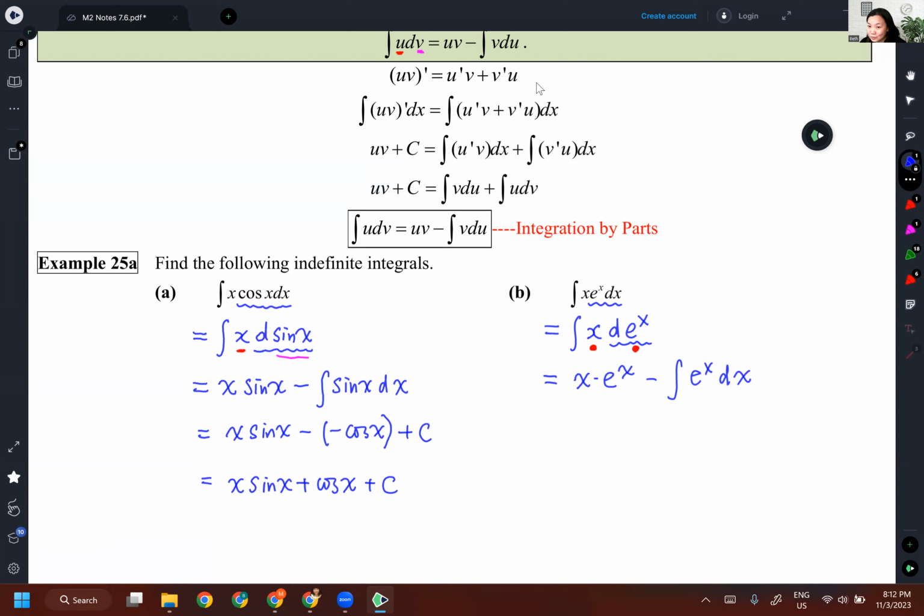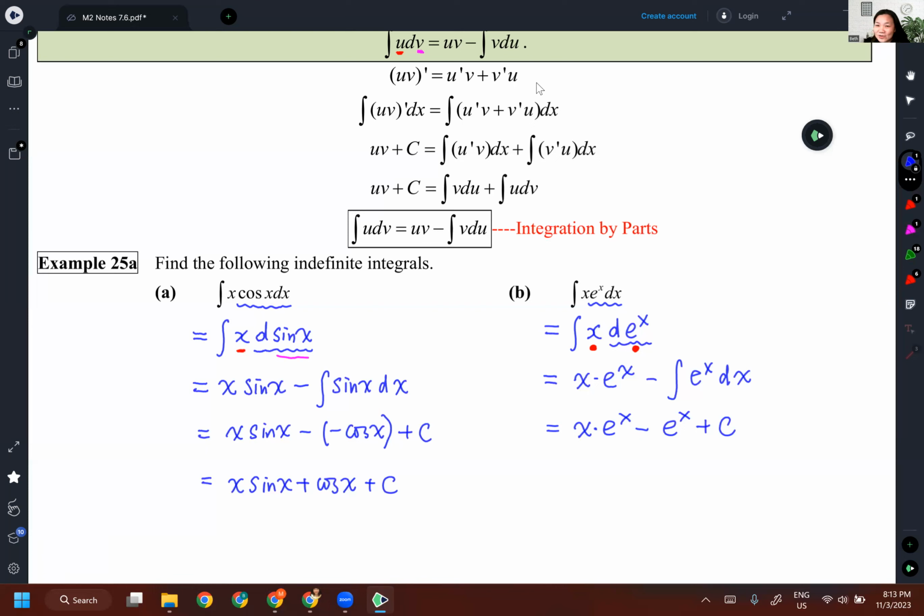You swap them, and then you will get x e^x, because this is not a mixture anymore. Now you just integrate. This is e to the power x itself, and then you're done.